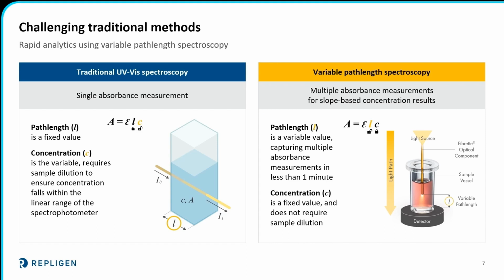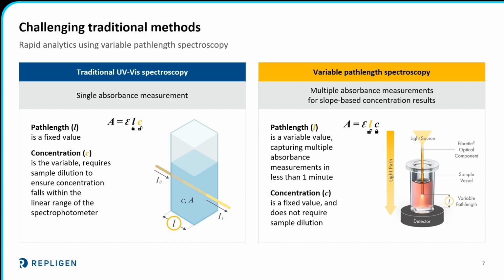With traditional UV-vis spectroscopy, you're limited by the fixed path length of the cuvette being used and the sample concentration, dependent on the linear range of the light source and detector. In this case, if the sample is within the linear range of the path length being used, the result will be an absorbance value, which will then be divided by your extinction coefficient to equal concentration.